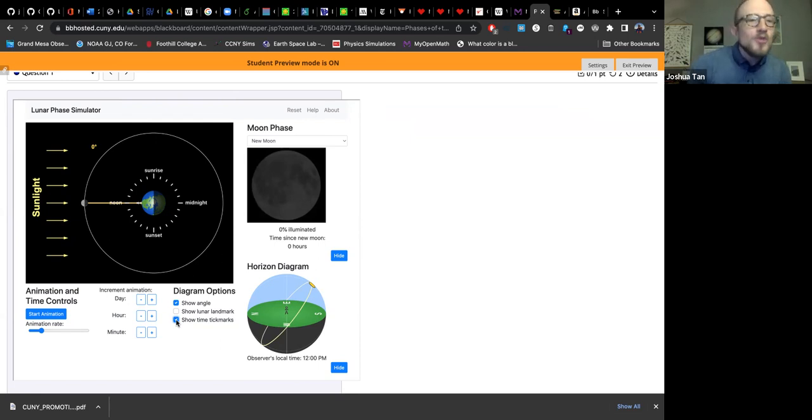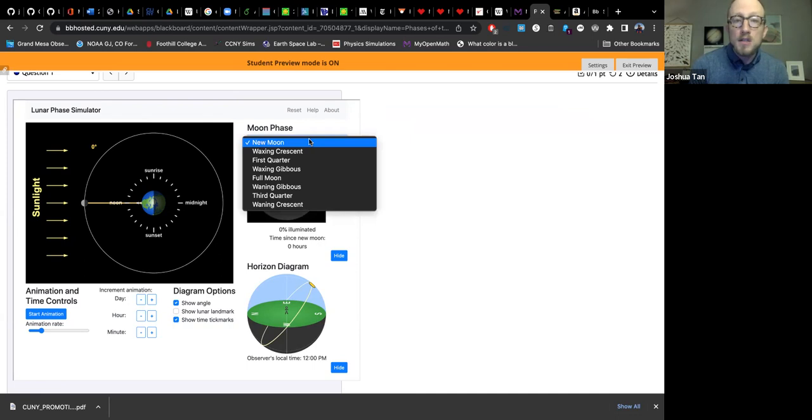Now, what can you do with this simulation? Well, you can do a lot of very interesting things. One thing you could do is you can change the moon phase to any of these different phases. You may have to investigate what these phases mean in chapter 4. Crescent and gibbous, waxing and waning are really important vocabulary words for you to come across.